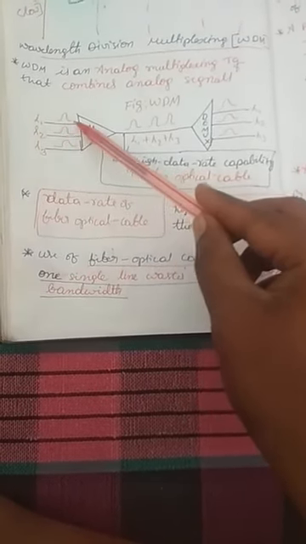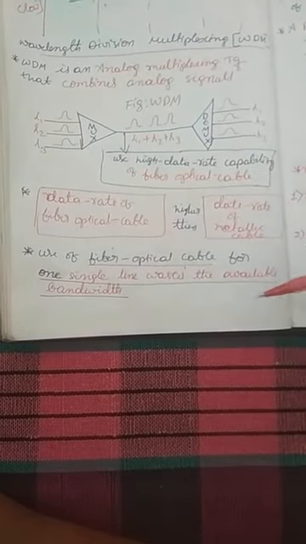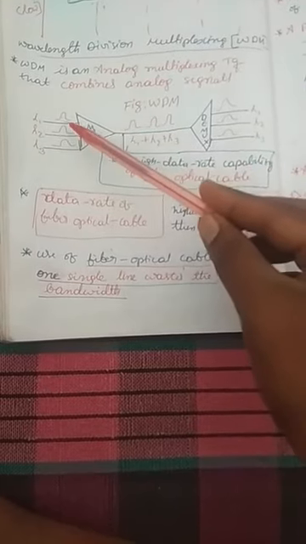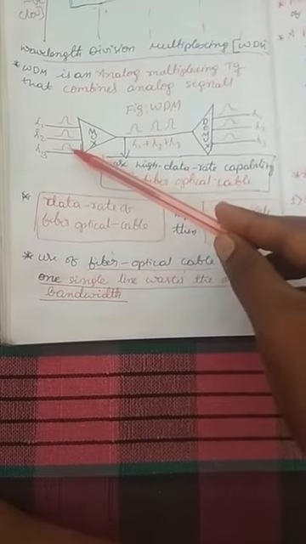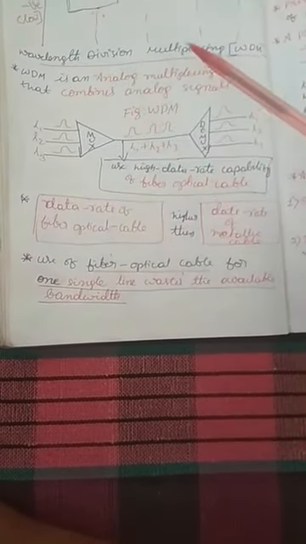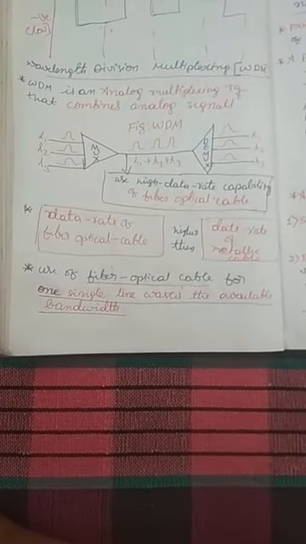So if we use only one line there will be a wastage of available bandwidth. So we should use more input signals in the WDM, nothing but wavelength division multiplexing.